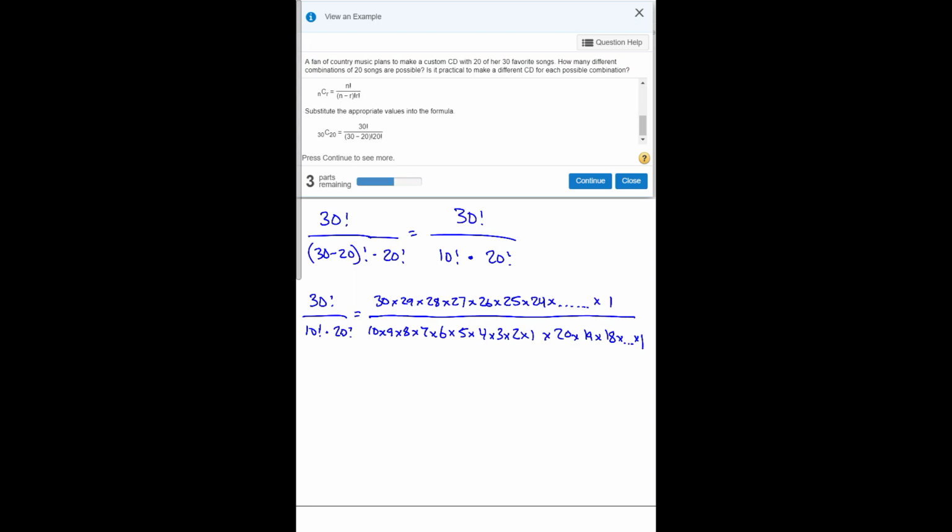So when you hit 20 times 19 times 18 times 17 times 16 and so on in the top, those numbers will cancel with the numbers 20 times 19 times 18 times 17 times 16 on the bottom. Once all that cancels out, it goes all the way down to 1.